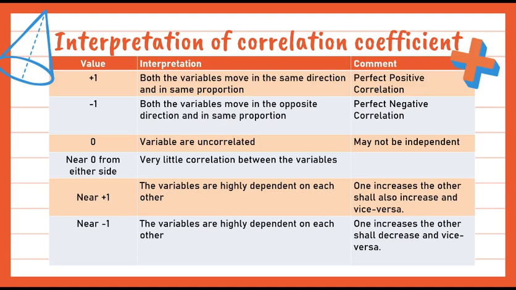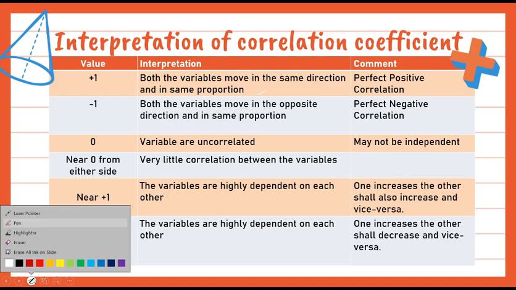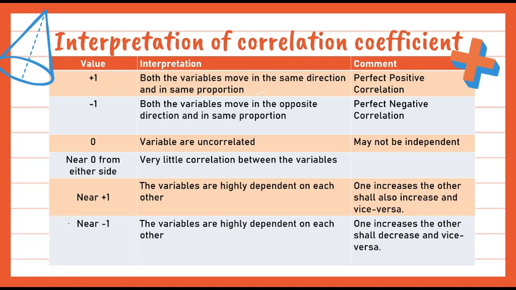If we calculate the correlation coefficient and it comes to exactly +1, then both the variables move in the same direction and also in the same proportion. This is called the perfect positive correlation.